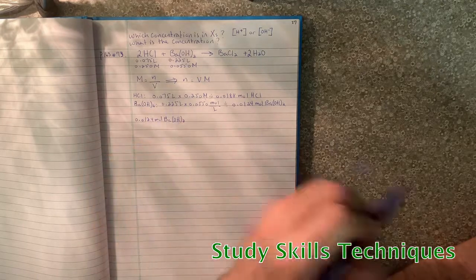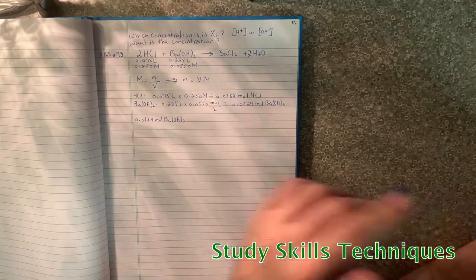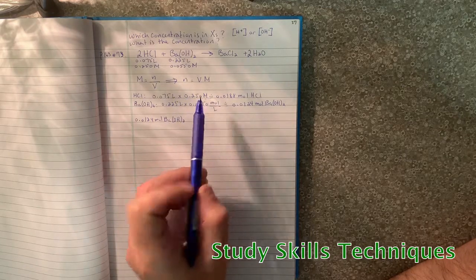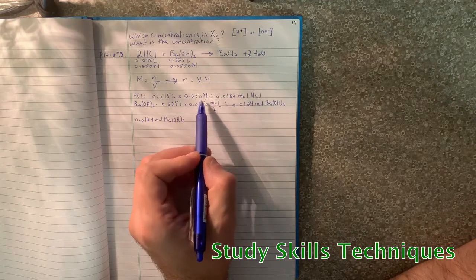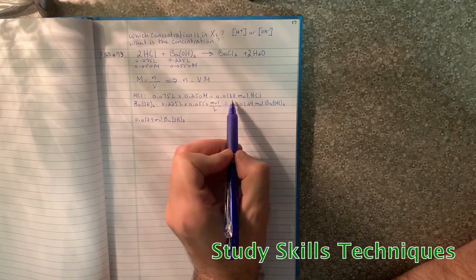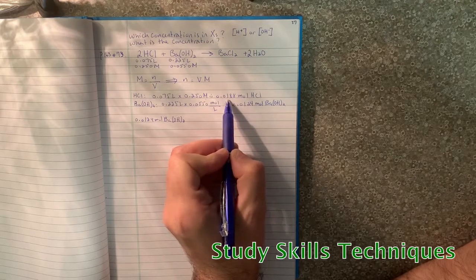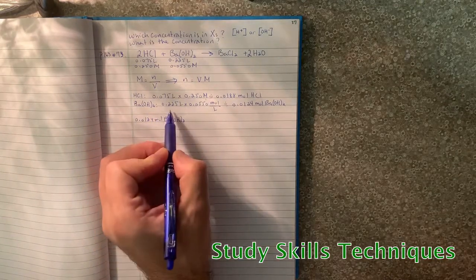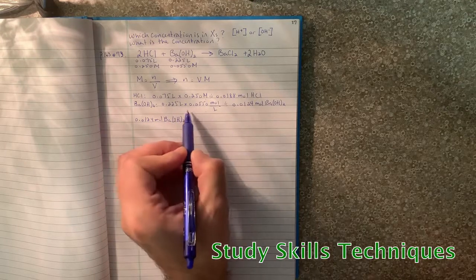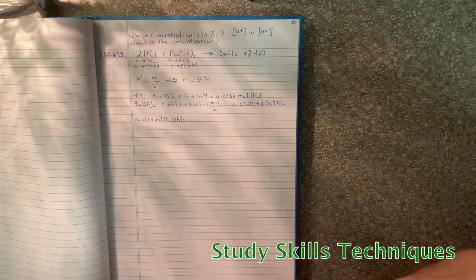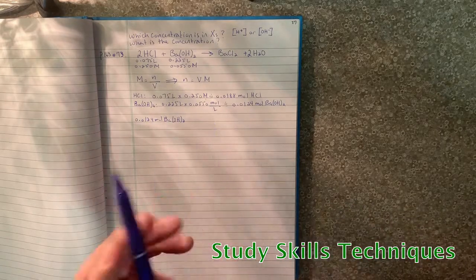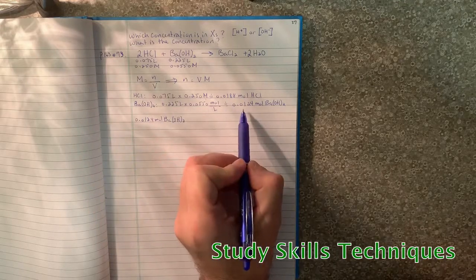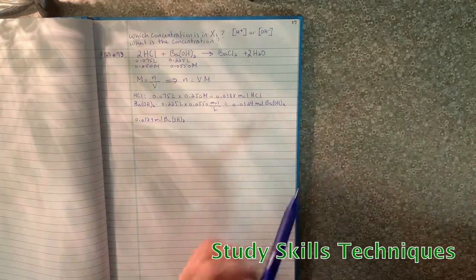So we multiply 0.075 liters of hydrochloric acid by 0.25 molar, or we can rewrite the unit capital M as moles per liter, and we determine the moles of HCl to be 0.0188 moles of HCl. We would do the same thing for barium hydroxide. We have 0.225 liters, and we multiply it by 0.0550 moles per liter. And when we multiply, we end up with 0.0124 moles of barium hydroxide.